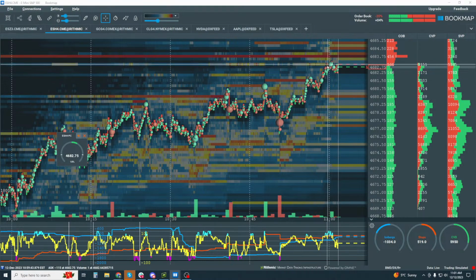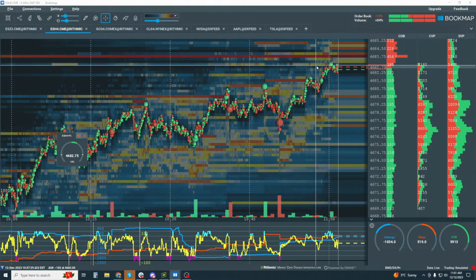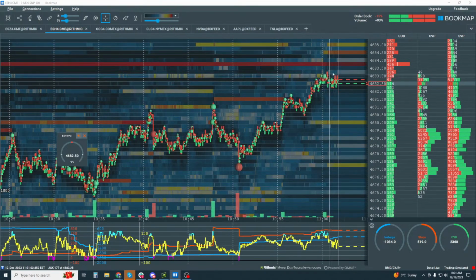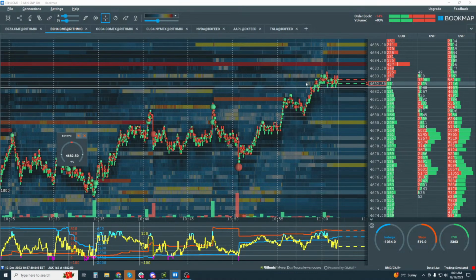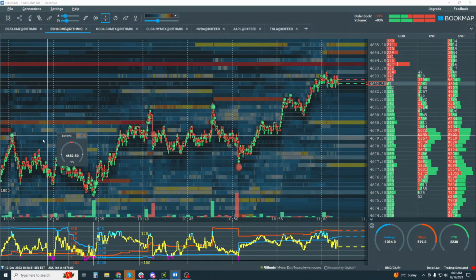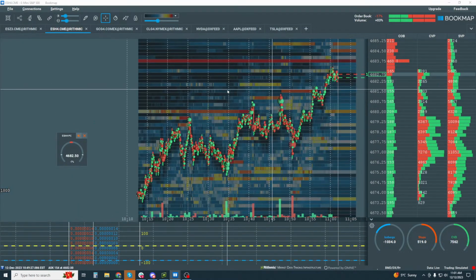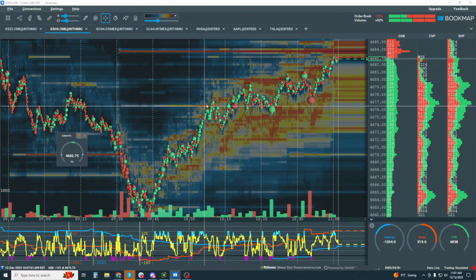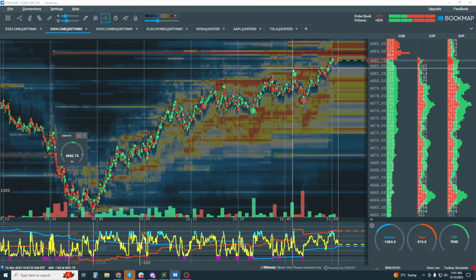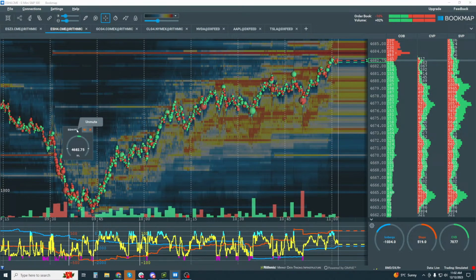Right, so this is getting ready for a pullback at some point here. Now, we may not get it, we still see buyers coming in, okay, but we're anticipating that based off of all of these other moves in here. Okay, this is how you can use your price change Market Pulse as well as ATR.